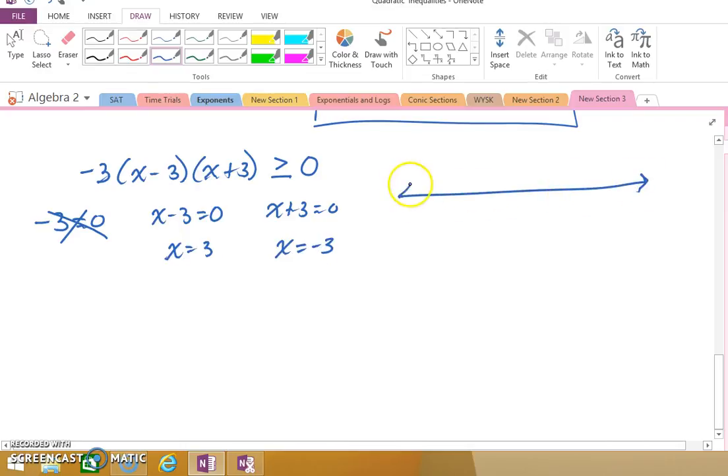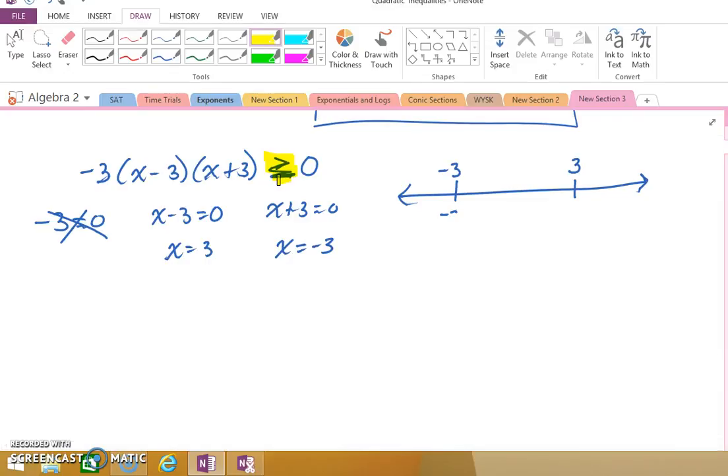So I'm going to draw my number line: negative 3, 3. Here again, what do I need? Values that are greater than or equal to 0, so we're going to be doing our positives.